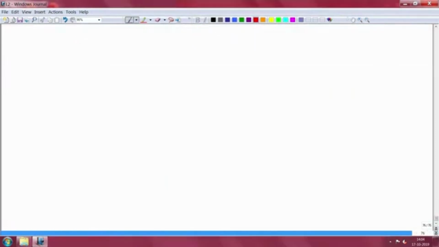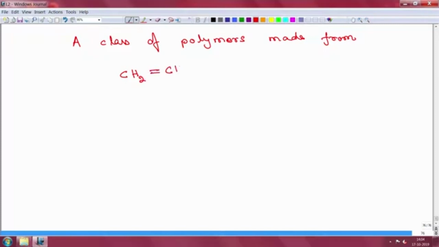This also brings us to another class of polymers made from this molecule, where I have taken one H out and instead I am going to replace it with an X, where this X is some other chemical group.